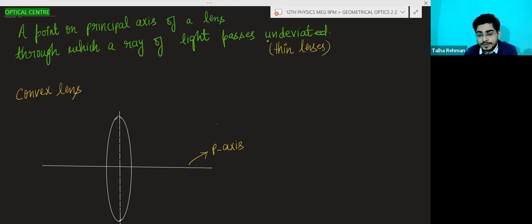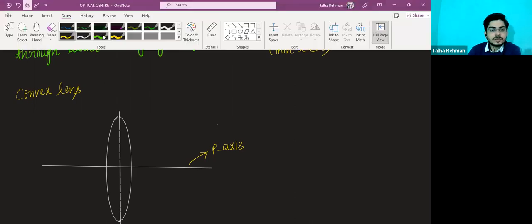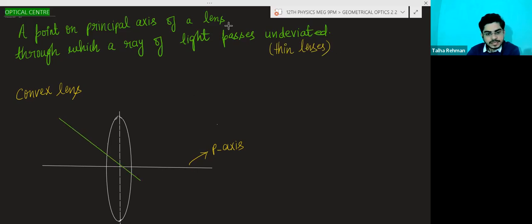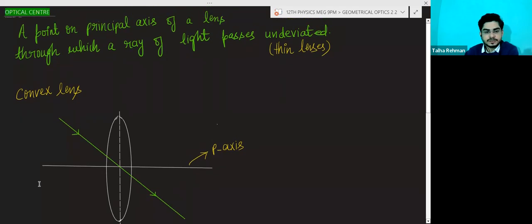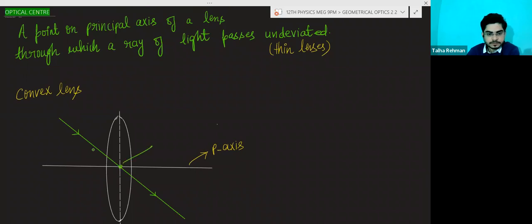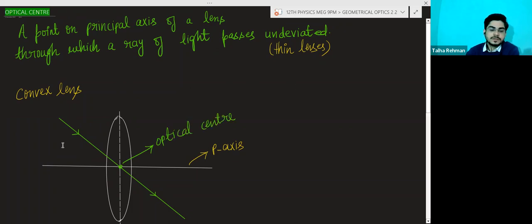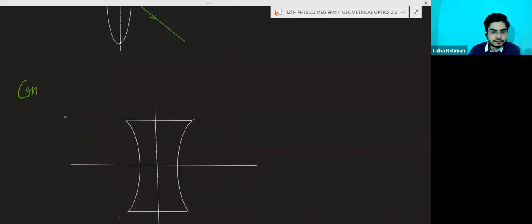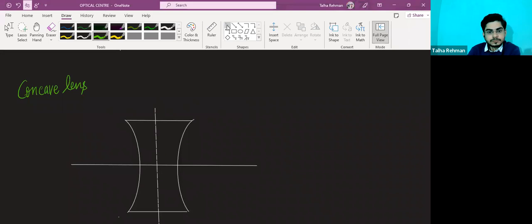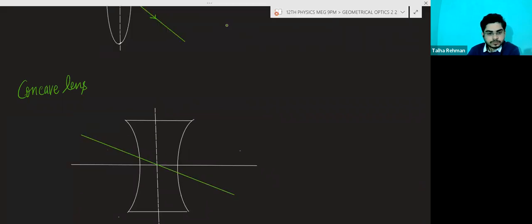If the lens is thick, then obviously there will be some deviation. Optical center is a point such that light rays passing through that point remain undeviated. So this will be the optical center. This is the convex lens. Now this is the concave lens, and this is its optical center.